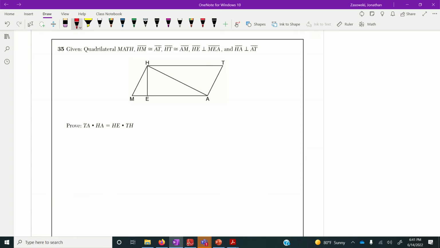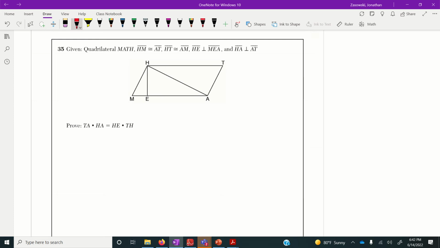What do we need to do? Yes, similar triangles. Awesome. Very good, Asim. Nice.